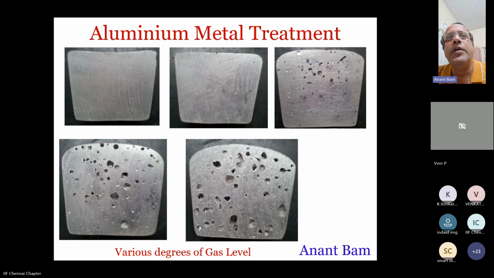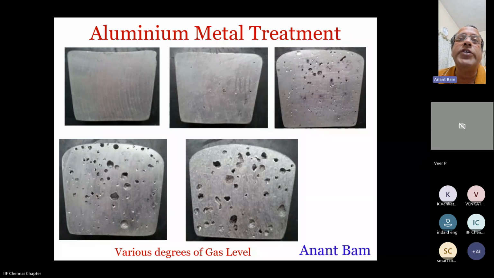If we take this sample and put it in partial vacuum, 80 millibar, then the relative pressure difference between the embedded bubble of 1 bar and atmosphere of 80 millibar is very high. So naturally, these bubbles grow in size, they bloat like a balloon. Some of them escape to the vacuum, but the majority of them get entrapped because the aluminum sample is also solidifying simultaneously.